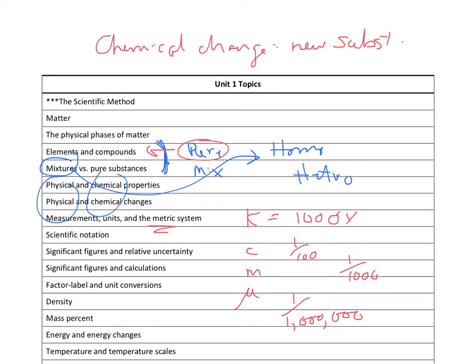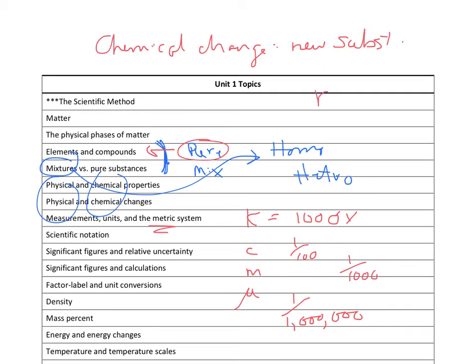Scientific notation, remember how we talked about scientific notation when you guys have been using it. Then the whole rounding, significant figures. Rounding according to significant figures if you're multiplying or dividing. And if you're adding or subtracting, you round according to decimals. I'm running out of room to put that.